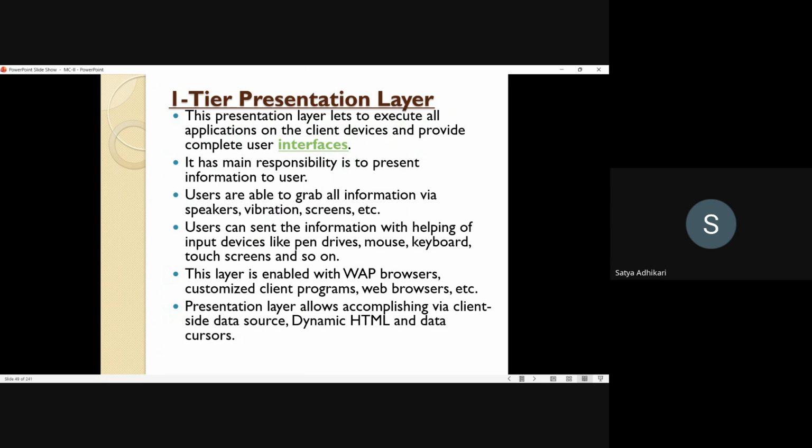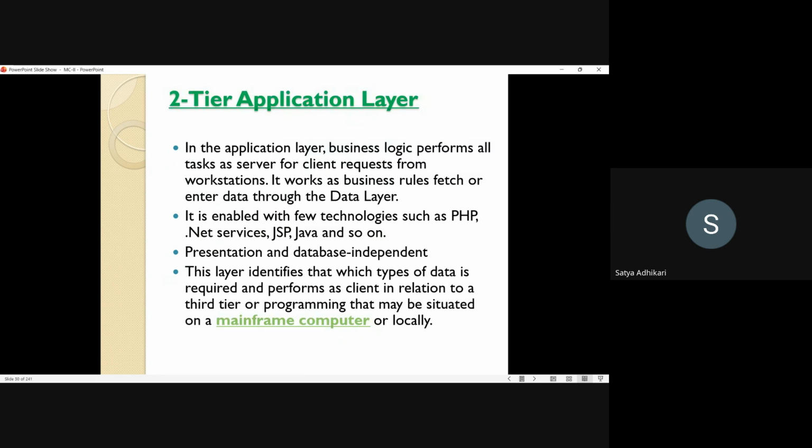How it is presented on the mobile devices or client devices, the presentation layer is responsible for that. Its main responsibility is to present information to the user. If the data is not presented to the user, the user may not use it. If the user does not use it, the device is meaningless.